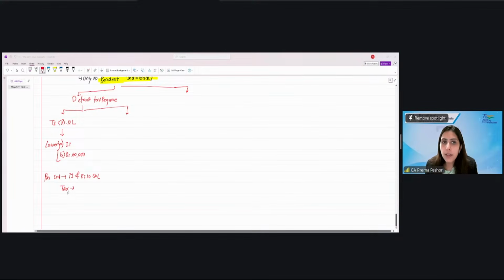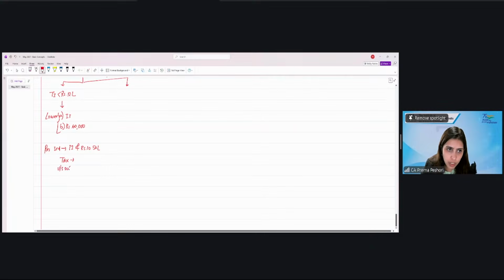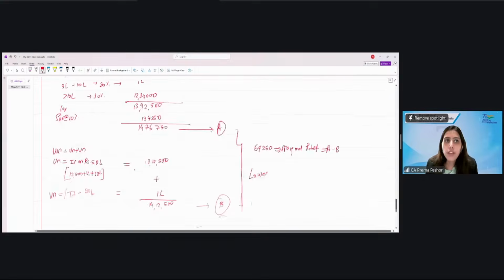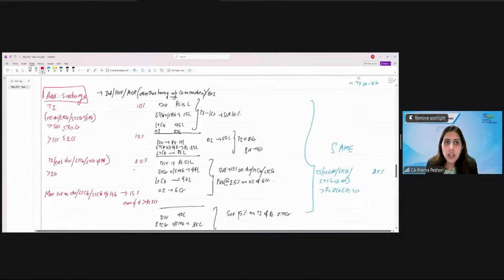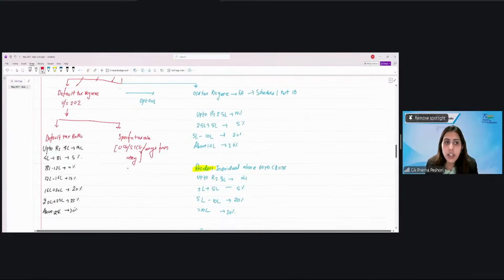Let us say this is going as per the default tax regime, so I am going under 202 only. If you take the slab over here, up to 4 lakh nil, 4 to 8 lakh it is 5%, and then directly 10%. So what will be my tax liability?